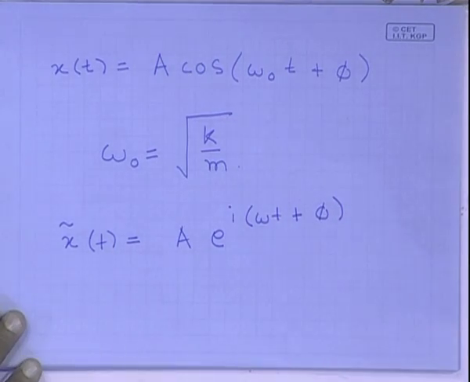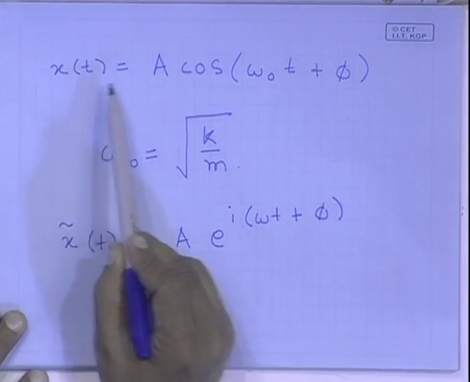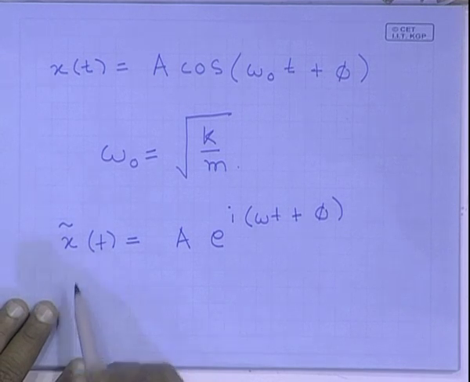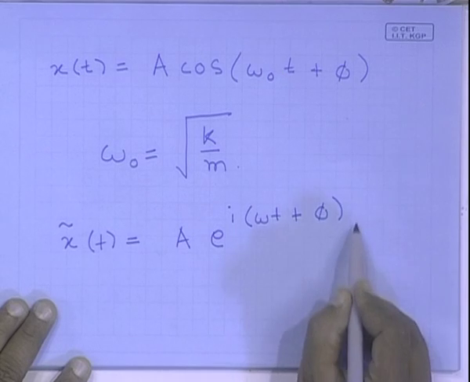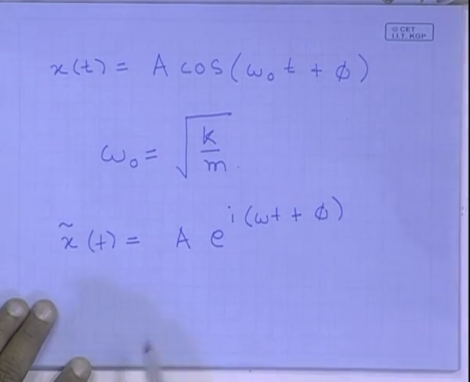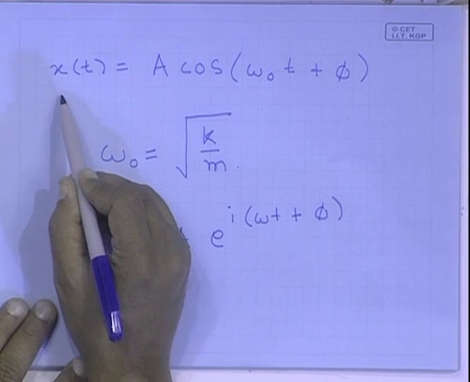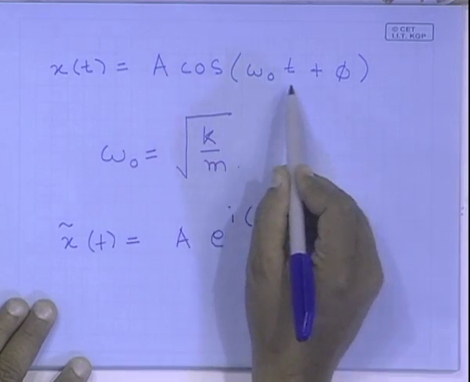X tilde t is a complex number and it is a method for representing the same oscillation shown over here, which is a solution to the motion of the spring mass system, and it is understood that you should consider only the real part of this complex expression, and the real part gives us the same solution, x t is equal to the amplitude A into cos omega t plus phi.